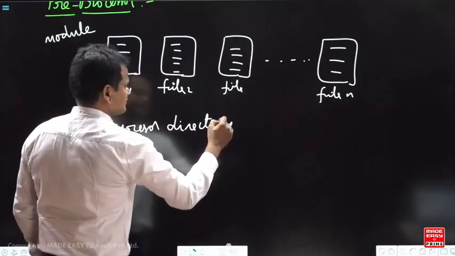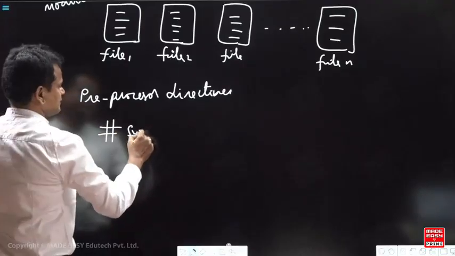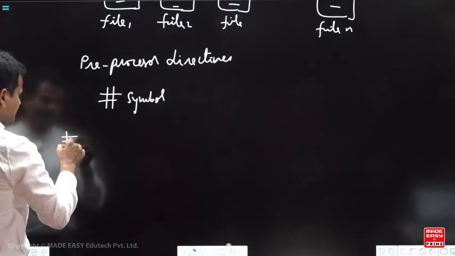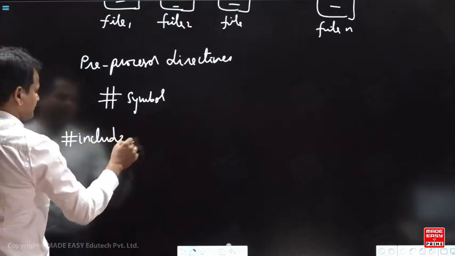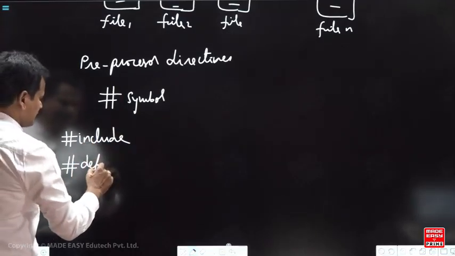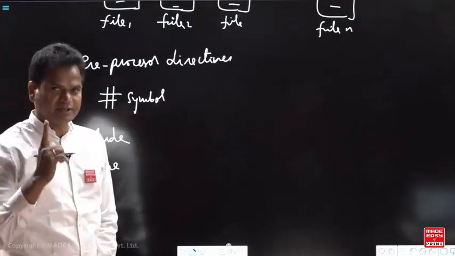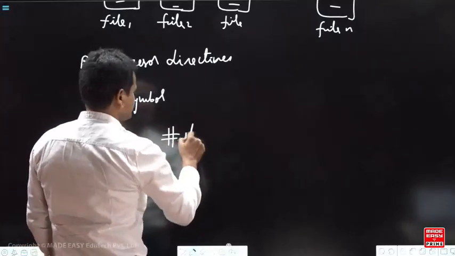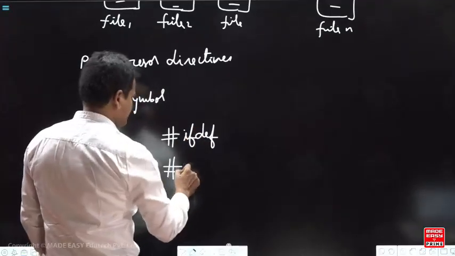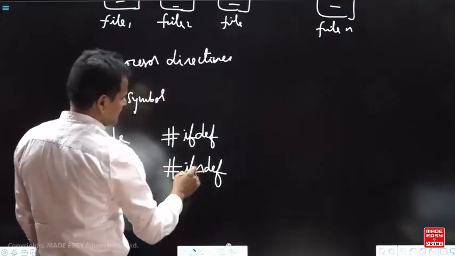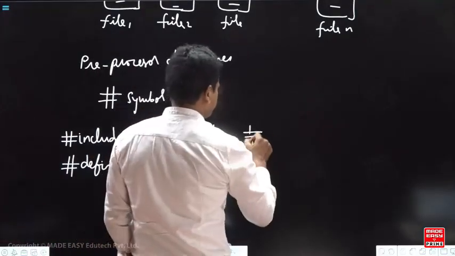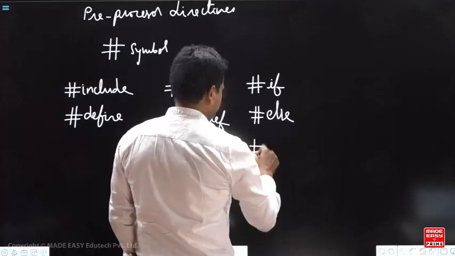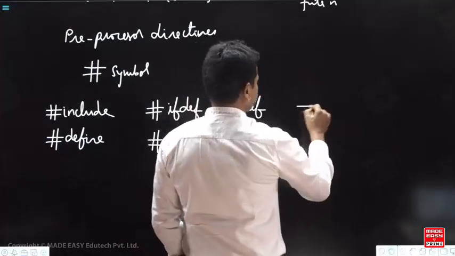Now, whatever the commands we use in preprocessing, they are called preprocessor directives. They begin with hash symbol. Now, some list of preprocessor directives are: hash include, hash define, hash ifdef, hash ifndef, hash if, hash else, hash elif like else if, and hash endif.